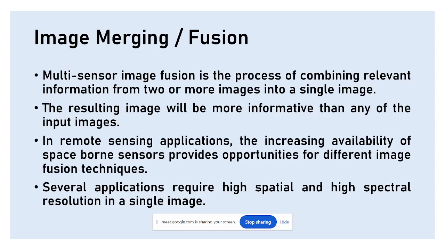You have different kinds of images, like a panchromatic image, a multispectral image, or a hyperspectral image. That is completely dependent on spatial and spectral resolution. Depending on your requirement, you can take the images accordingly, merge them and get the details out of it.